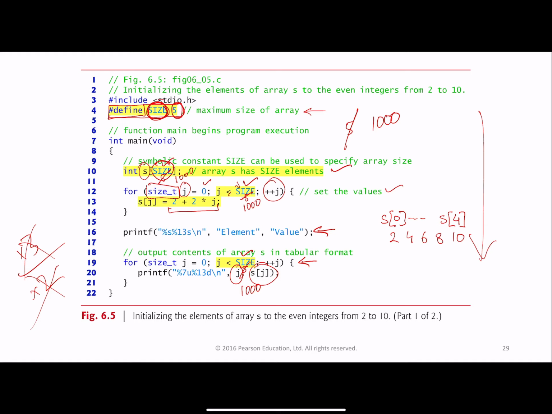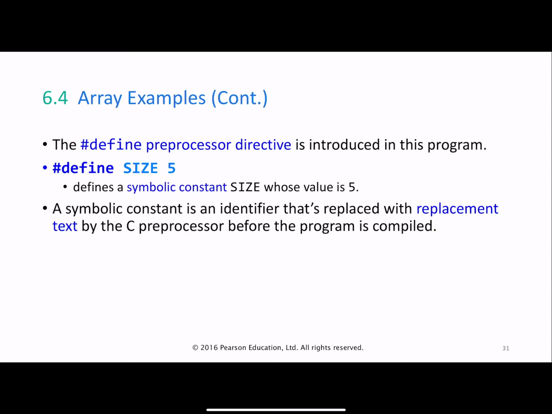Unfortunately, we cannot have size be a proper variable because when you define an array, you will remember I told you you need to provide a number over here, and that's what we're doing. That's what hash define does. It's simply replacing every instance, every appearance of the string size with this character 5.